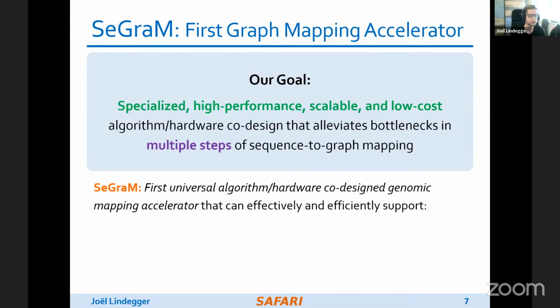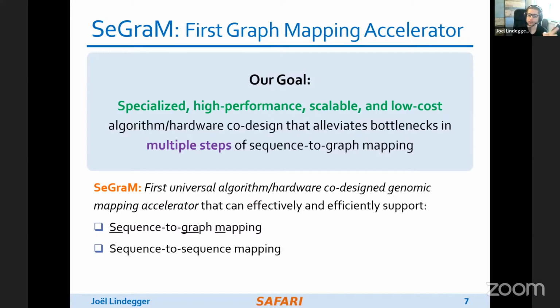So we proposed to this end SeGraM, the first universal algorithm hardware co-designed genomic mapping accelerator. And why is it called universal? It can do sequence to graph mapping, this much more complex task that we just looked at.